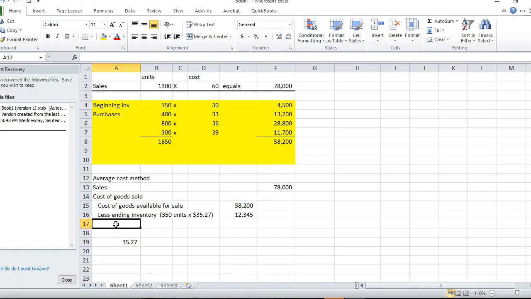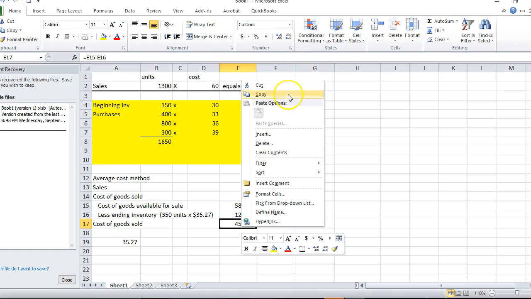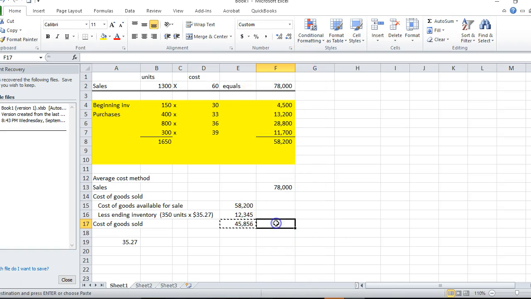So our cost of goods sold is going to be the difference between all of our goods available for sale minus our ending inventory, or $45,856.